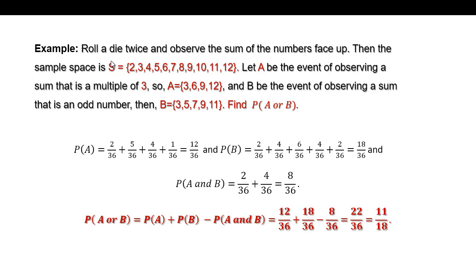When you roll a die twice, there is a total of 36 pairs of numbers we can get.